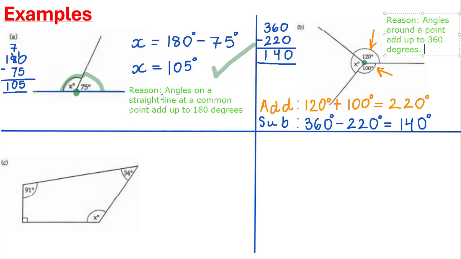Then you subtract 220 from 360, and that gets you 140. Very good, Liliana.